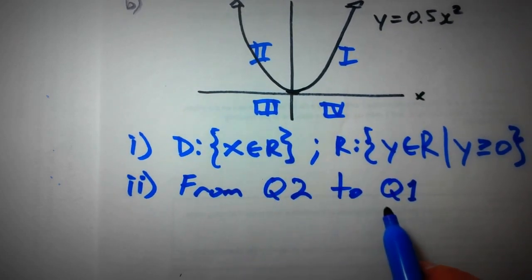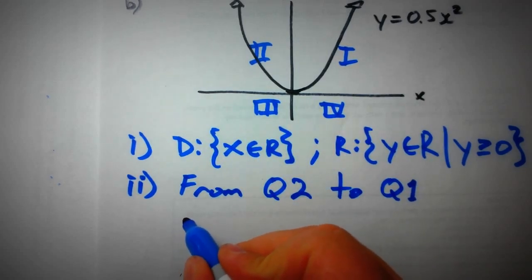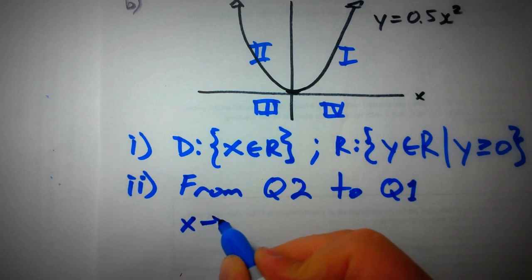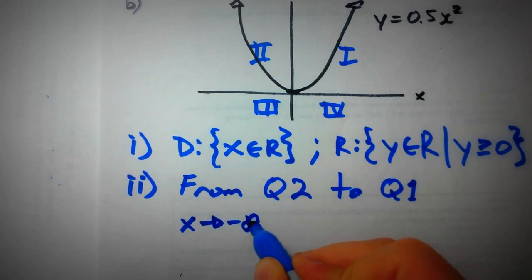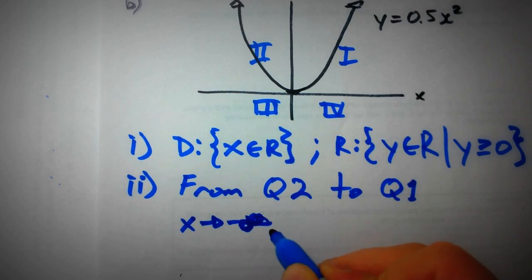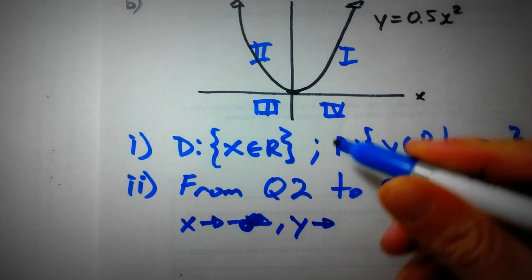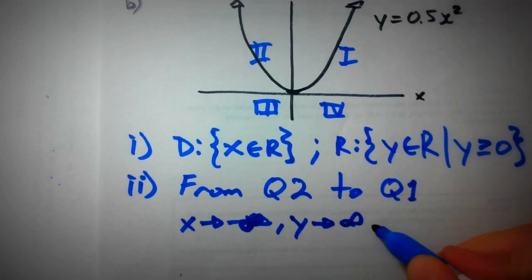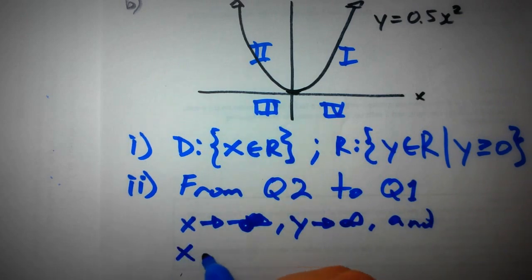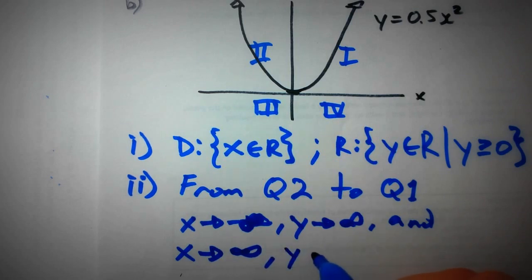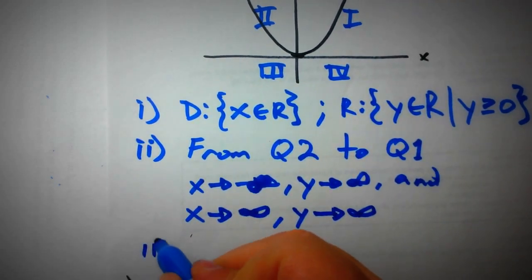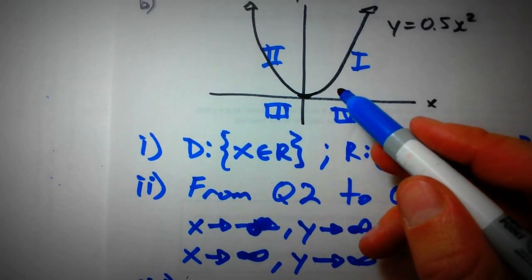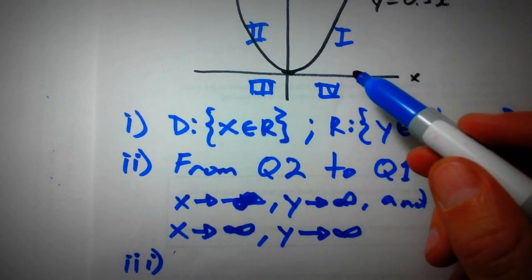Then you can say that as x approaches negative infinity, y approaches positive infinity, and as x approaches positive infinity, y approaches positive infinity.